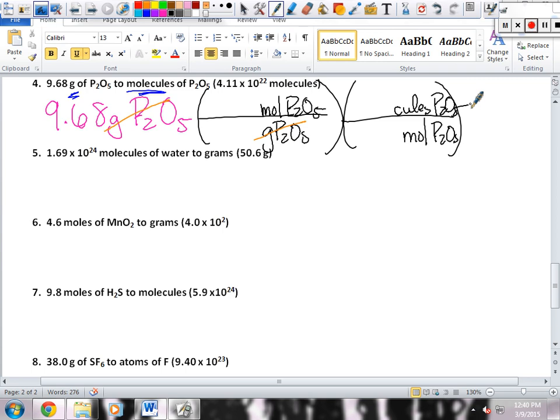Now, whenever moles and grams are together, who gets a 1? Moles gets a 1. Whenever molecules and moles are together, who gets a 1? Moles. What does molecules get?